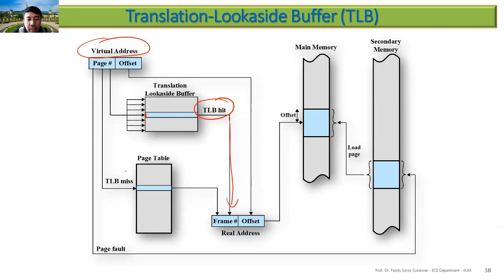If it's a TLB miss, it's not there in the translation lookaside buffer, then you need to go to the page table in the main memory. Remember, this is main memory. If you have a page fault, then you need to load from the virtual memory on the secondary memory, on the hard drive, the SSD and so on, and then you can load the page.